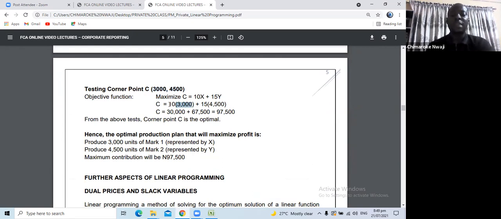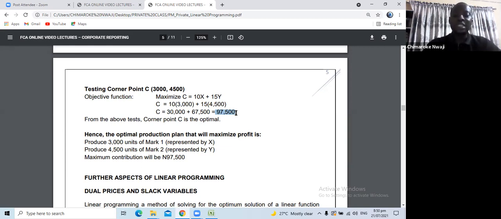When you multiply it by 10, it gives you 30,000. 15y becomes 15 times 4,500, gives you 67,500. So when you add 67,500 to 30,000, you have 97,500. So you see, when you compare C with A that was 90,000, C is the optimal.